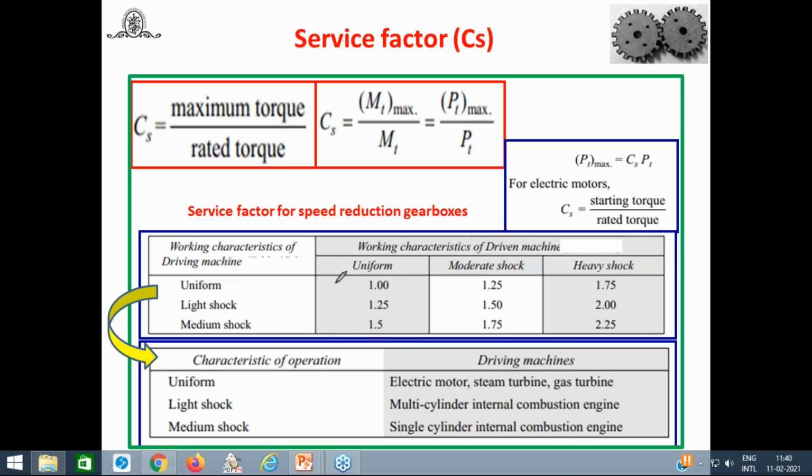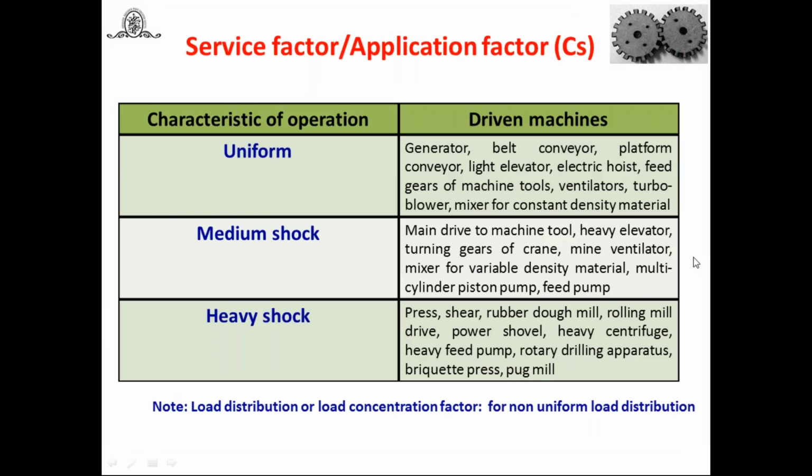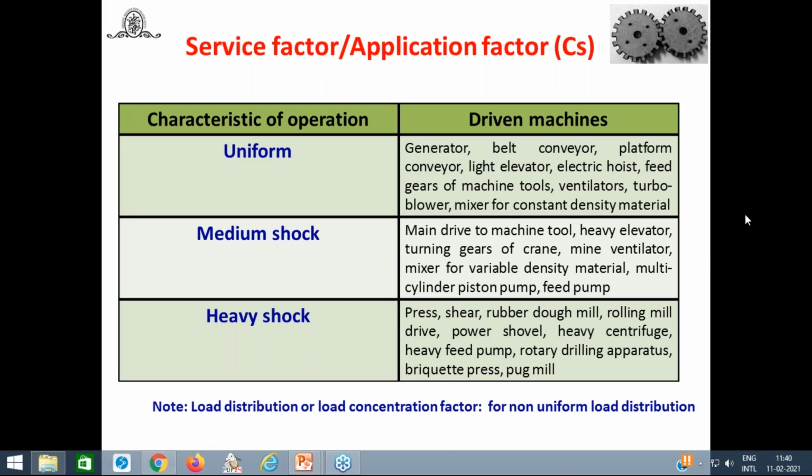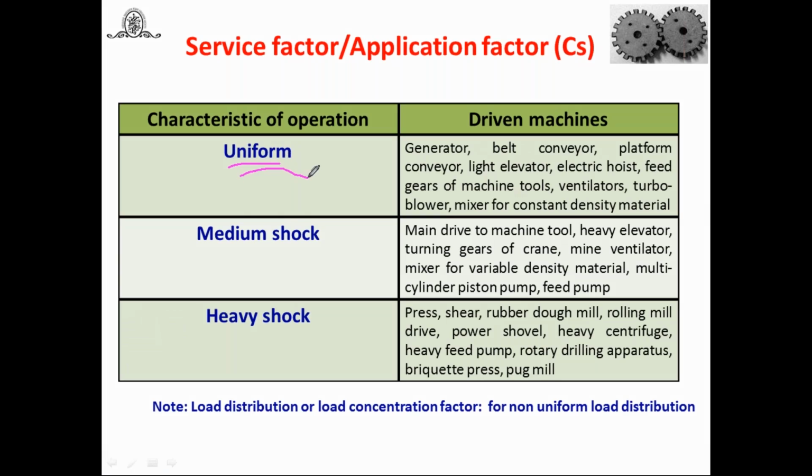Look at this next slide here. You will find that if the driven machine has uniform characteristics, generator, belt conveyor, light elevator, electric hoist, speed gear machine tools, ventilators, many are the ones which operate under uniform conditions.